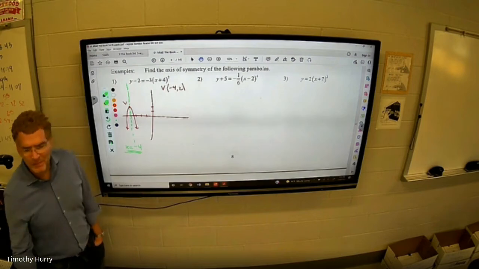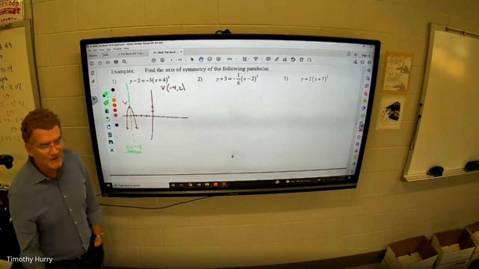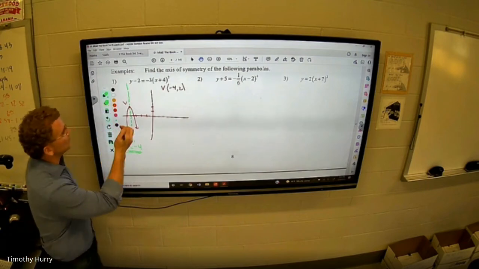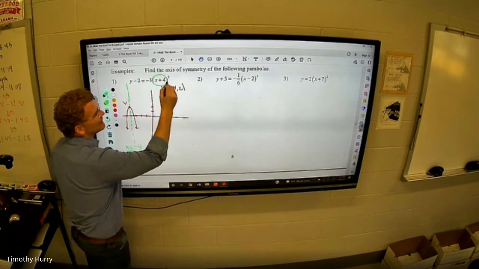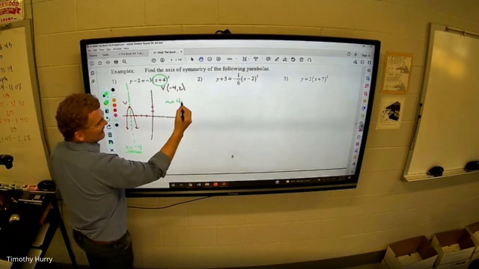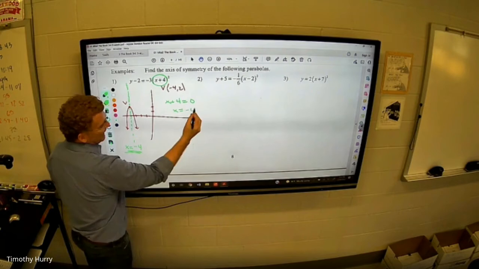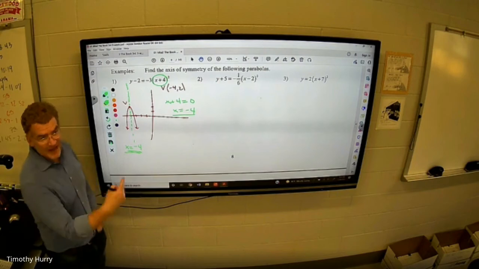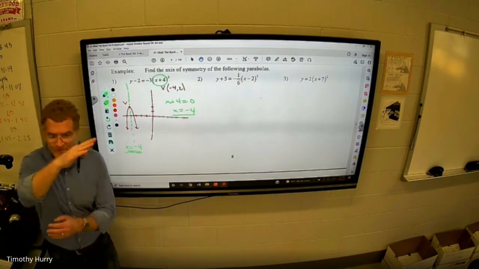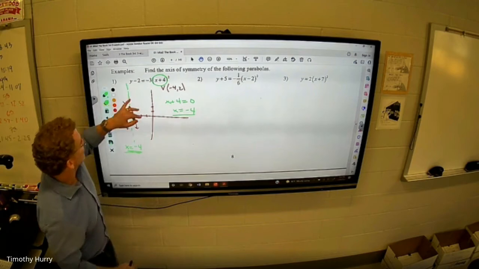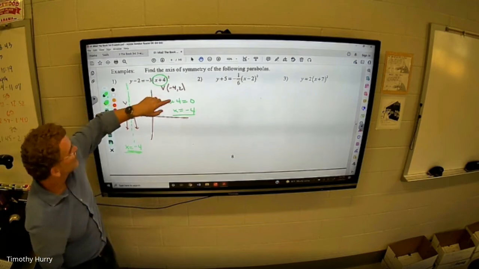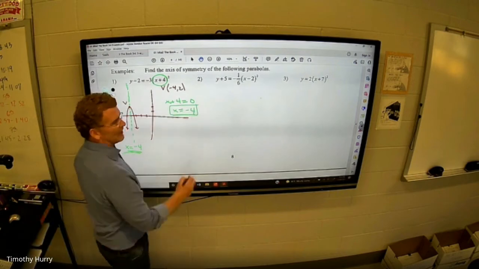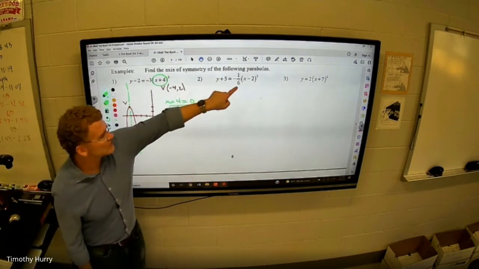Well, you can draw a picture of this if you want, but the easiest way to find the axis of symmetry on a parabola, if it's in parabolic form, is to just grab whatever's being squared here and set it equal to 0 and solve. And you don't even have to think about the picture or anything. And the nice thing about that is even when you have parabolas going sideways, where that becomes an x and that becomes a y, this is still a part that you can set equal to 0 and get the equation of your axis of symmetry. So what's the equation of your axis of symmetry here?